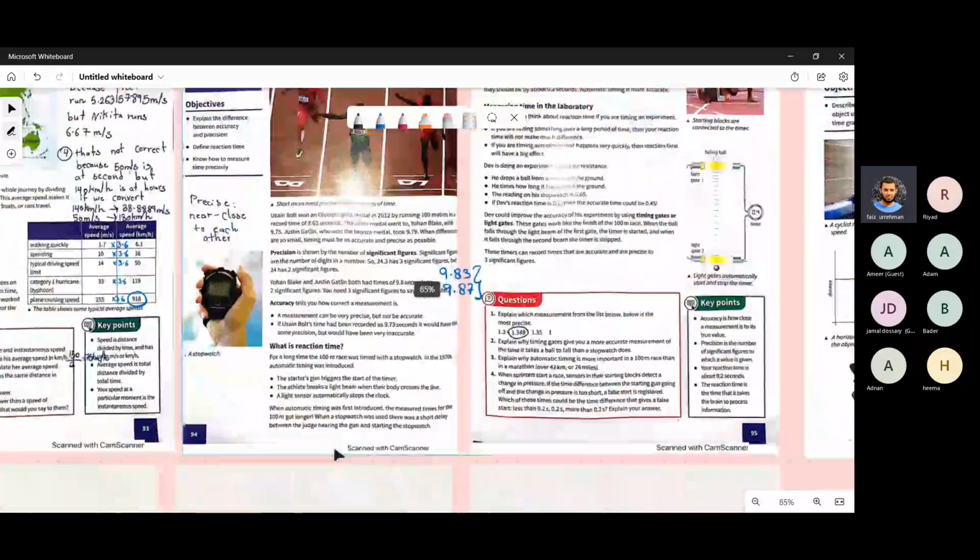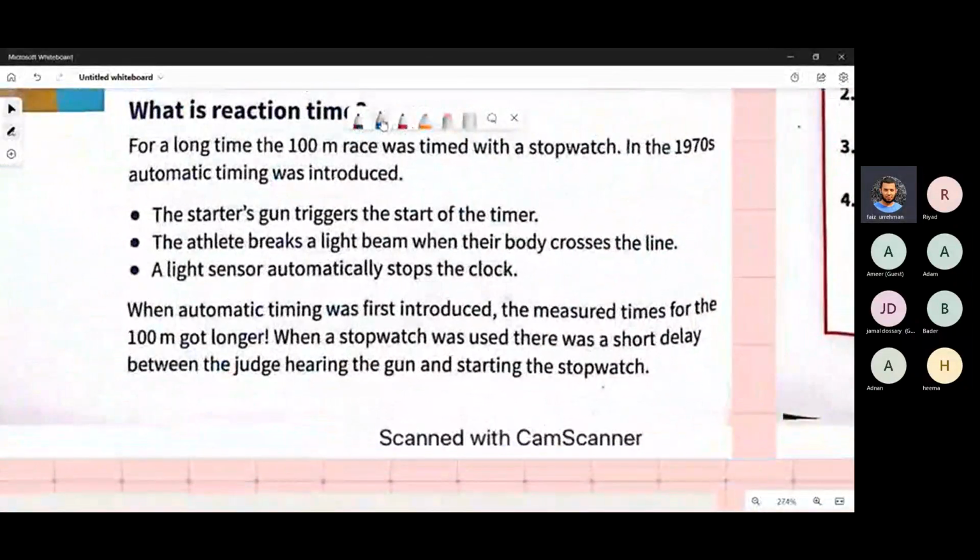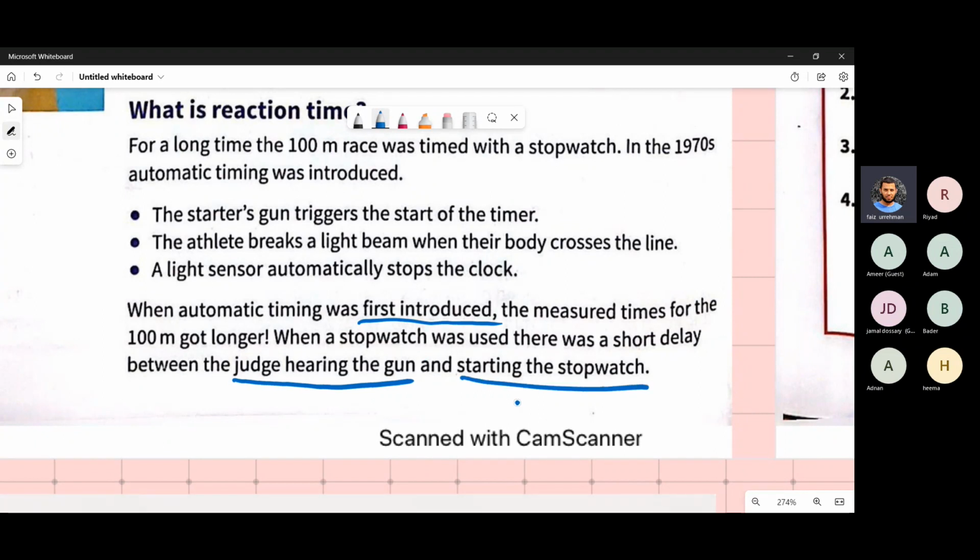So what is reaction time? Let's read the definition or the example they have given here. When automatic timing was first introduced, the measured times for the 100-meter got longer. When a stopwatch was used, there was a short delay between the judge hearing the gun and actually starting the stopwatch, because the judge hears the gun and then he starts the stopwatch. As soon as the gun starts, the runners will start running.